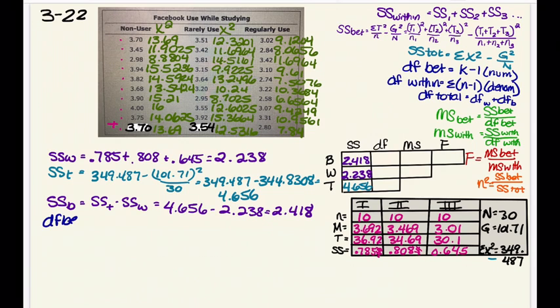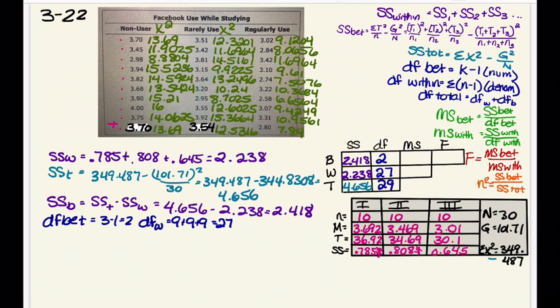Our degrees of freedom between will be our number of treatment conditions minus 1, which is 3 minus 1, which is 2. Our degrees of freedom within is the sum of the degrees of freedom of each condition. So in this case, we have 9 times 3, which is 27.